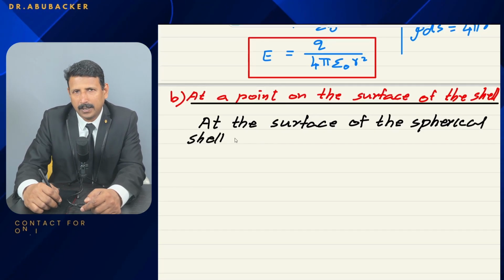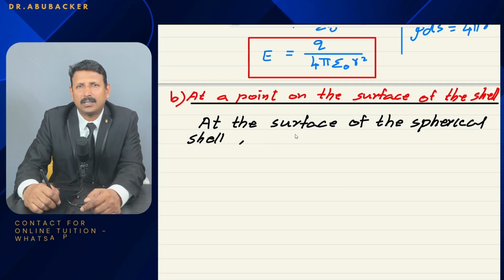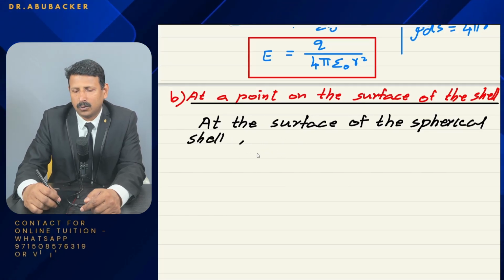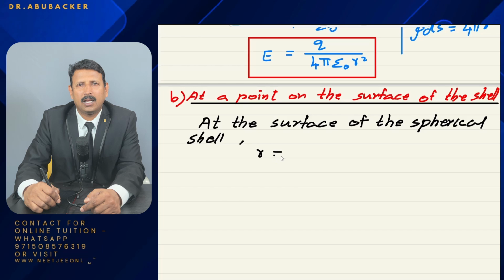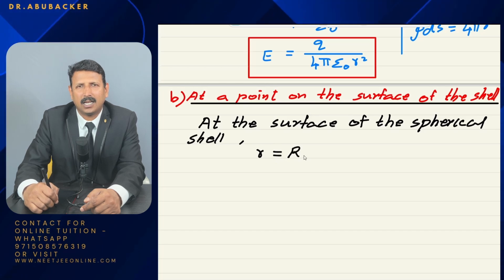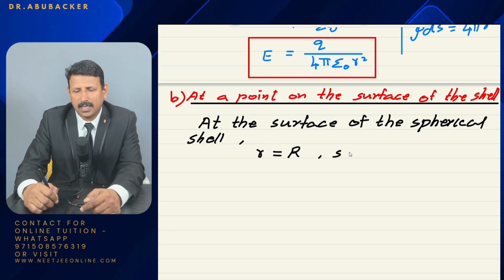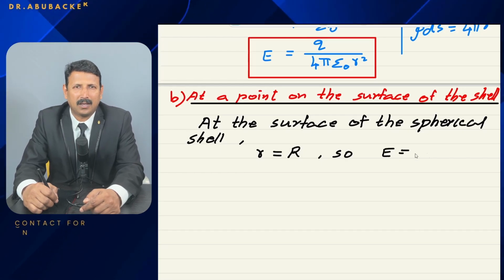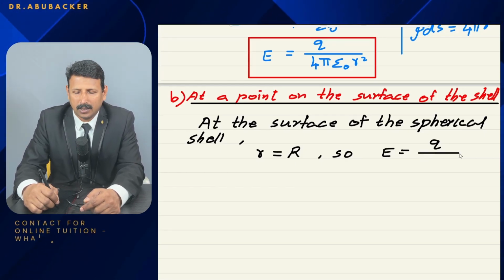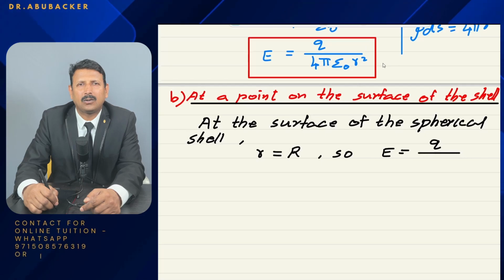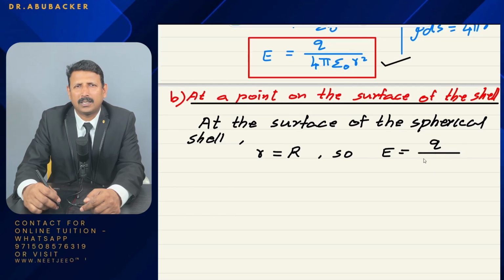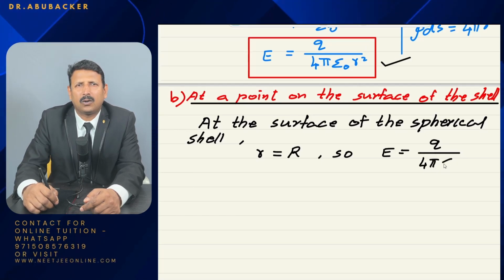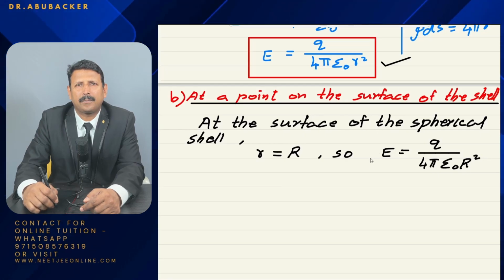So section B, at a point on the surface of the shell. That is easy actually, not much work. At the surface of the spherical shell, the point P distance small letter r is equal to the capital letter R, the radius of the shell. So E is equal to, we can copy the above equation, derivation already done, Q divided by 4 pi epsilon 0 r square.